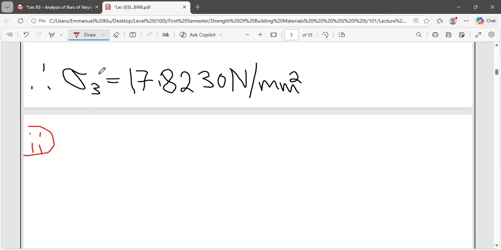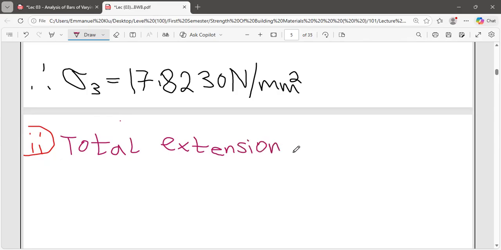So let me write over here, total extension of the bar. So this becomes our total change in length. I can even write total change in length, don't get confused, but let me maintain the grammar. So this is the total extension of the bar.